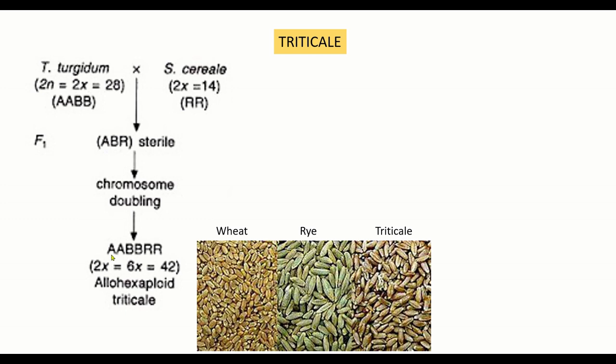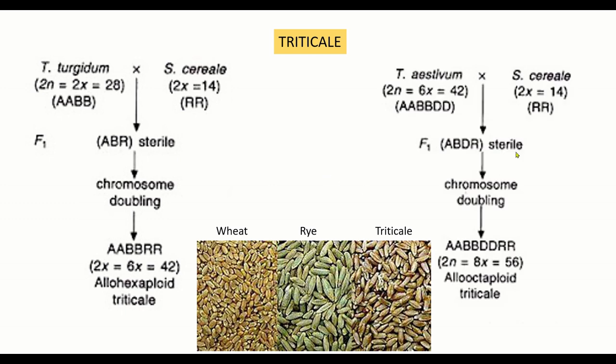When the chromosome number is doubled, it produces AABBRR, an allohexaploid. So with wheat and rye, triticale will have a totally different genetic constitution and a totally different morphological feature of the grains. Because of the luster, high yield and quality, it is more preferred and grown in some countries.